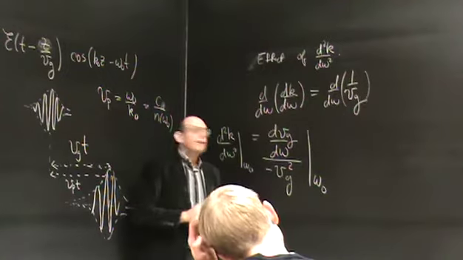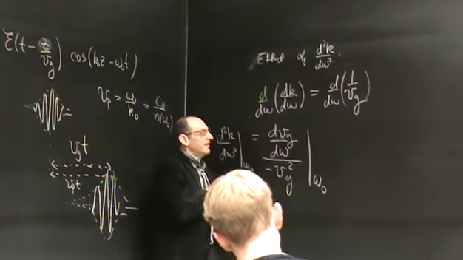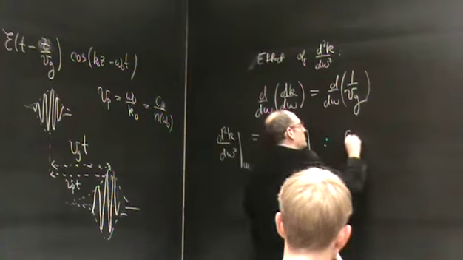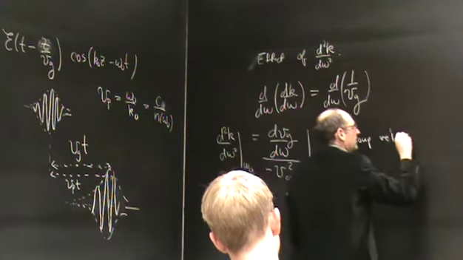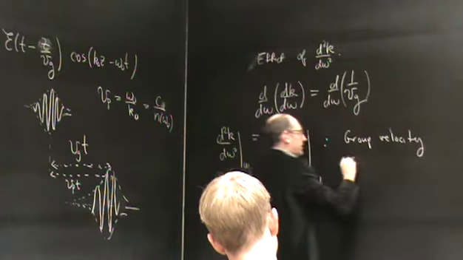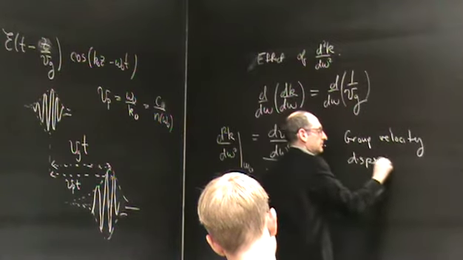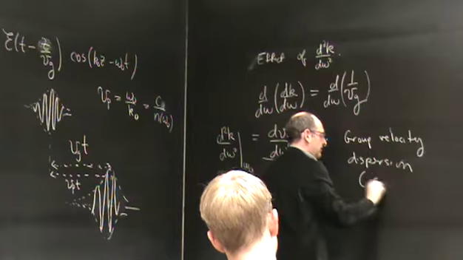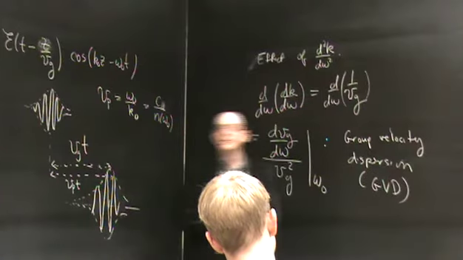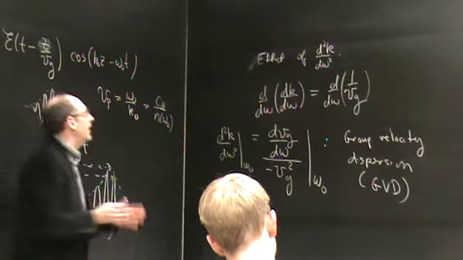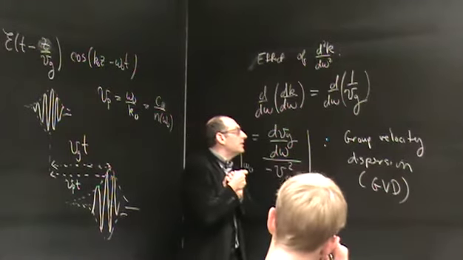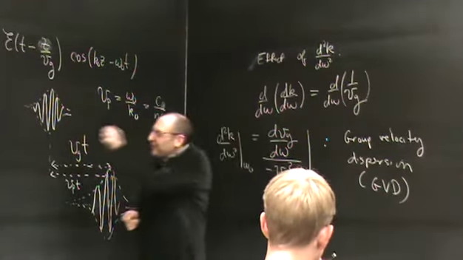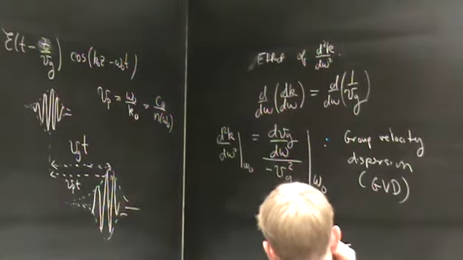The effect of the second derivative is what we call group velocity dispersion, GVD. It says that if I have a spread in frequencies, I don't have a single frequency.